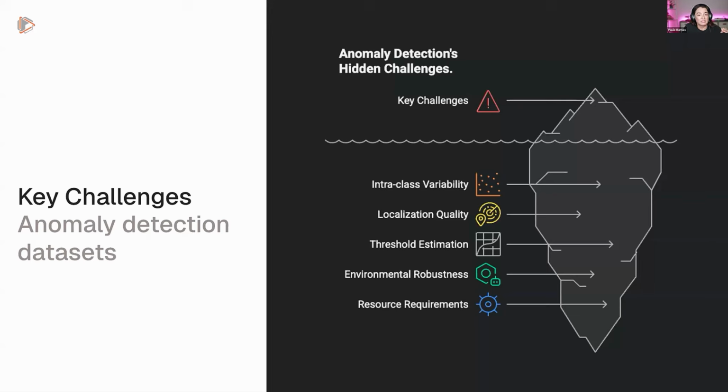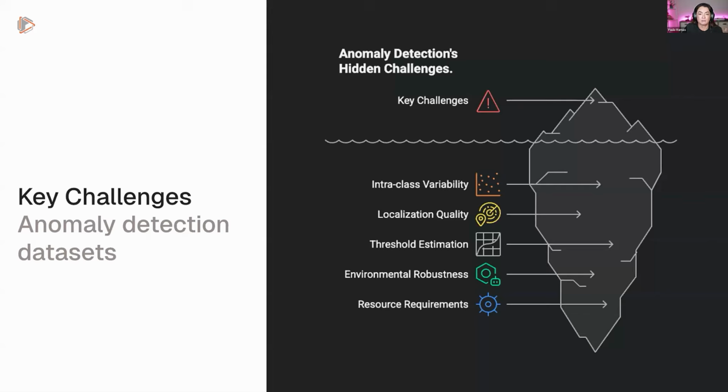Most anomaly detection systems produce a score. That is not a binary decision. But where do you draw the line? This is how we can define that threshold. A poorly set threshold can flood your pipeline with false alarms, or worse, let real issues slip through. So it is really, really serious.